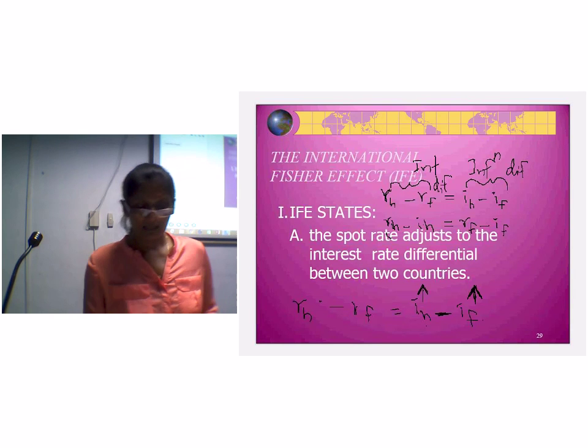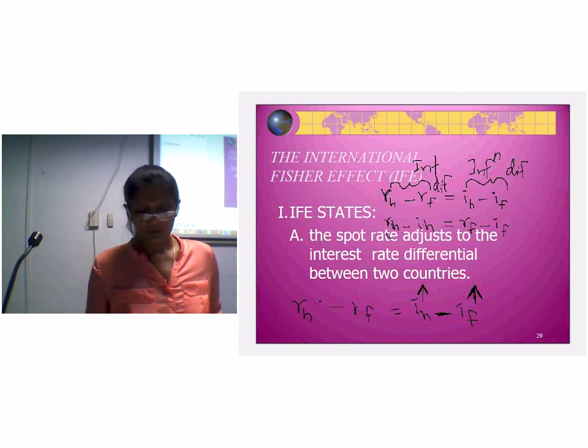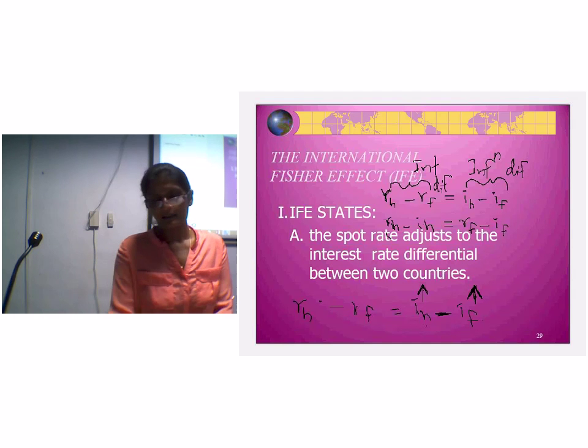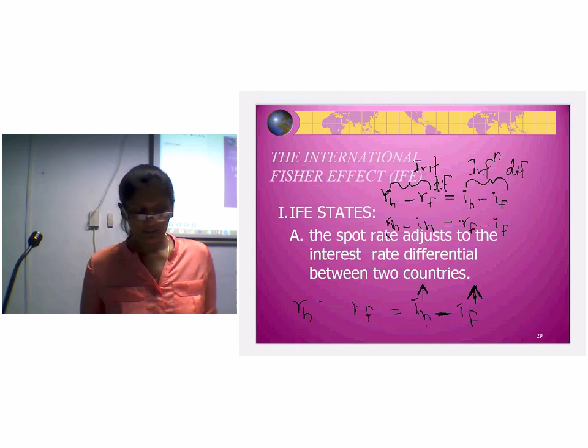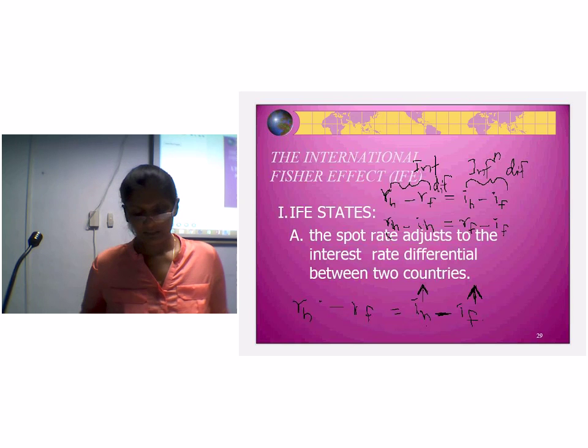Countries with higher inflation should bear higher interest rates than countries with lower inflation. Say, for example, in the foreign country there is higher inflation. According to the Fisher effect, their interest rate is also high.